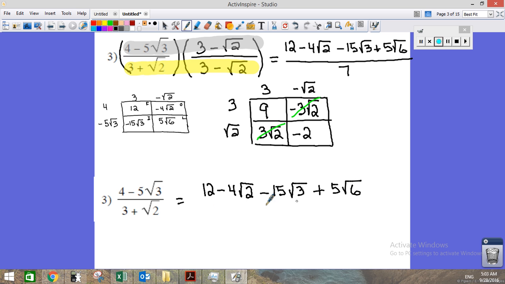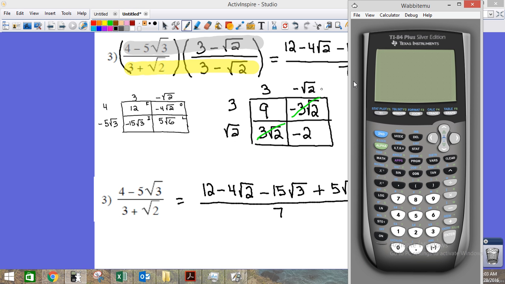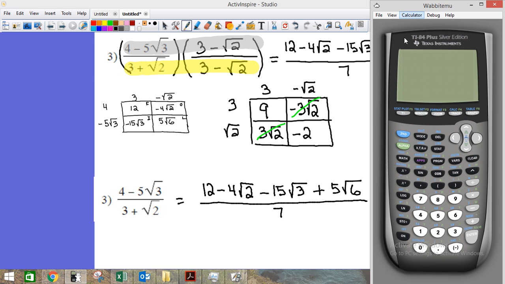Now, we can't give a decimal as our final answer, but we certainly can check our answer on the calculator like we did last time. So my original fraction, I need parentheses around both the numerator and denominator because it's more than one term. It takes this binomial and it divides it by this binomial.